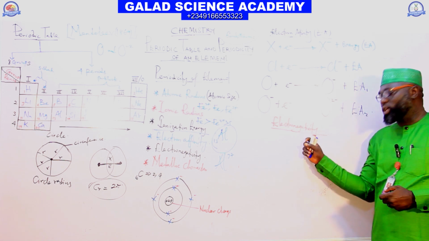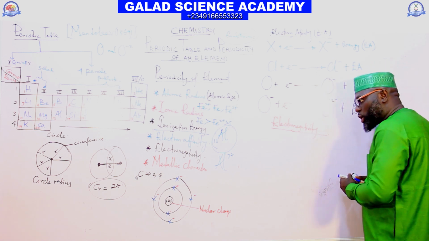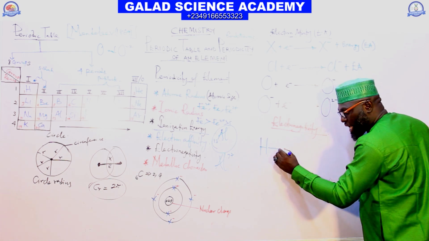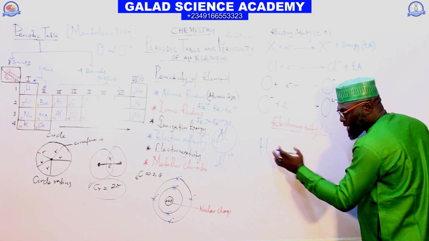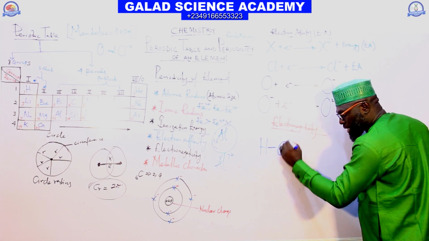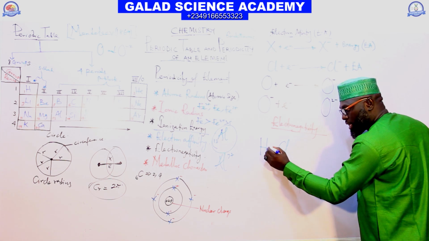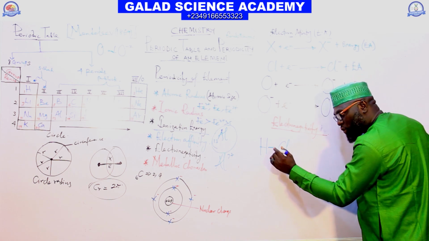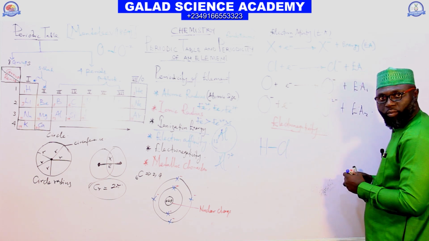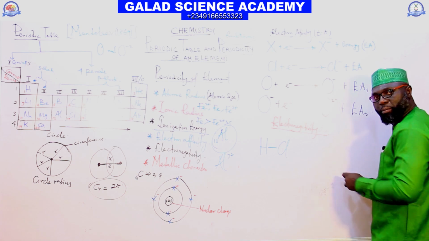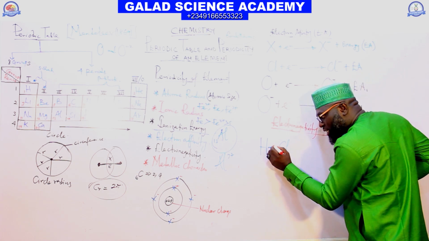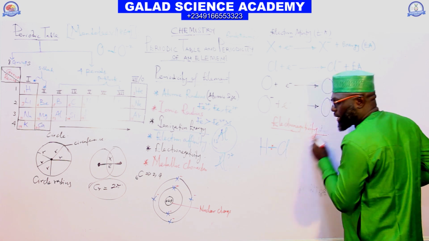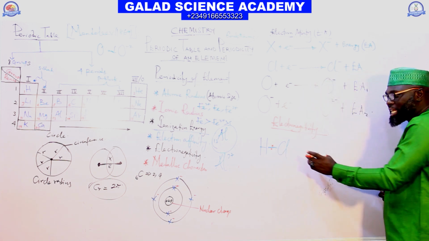If you have a heteronuclear molecule like HCl, the bond between this hydrogen and chlorine is a covalent bond. The two of them share electrons here.